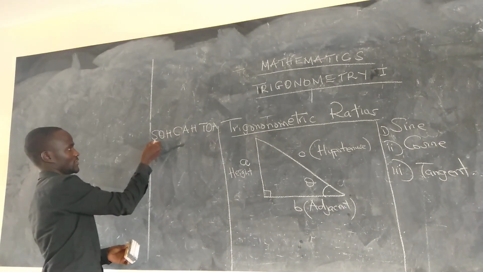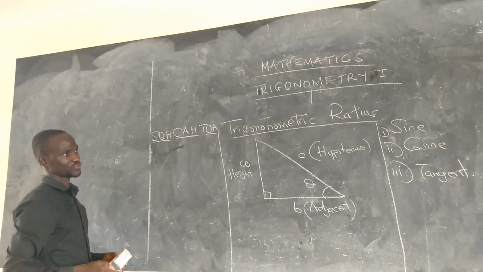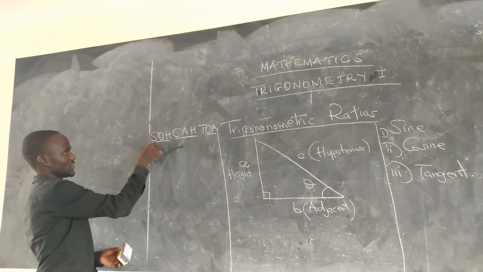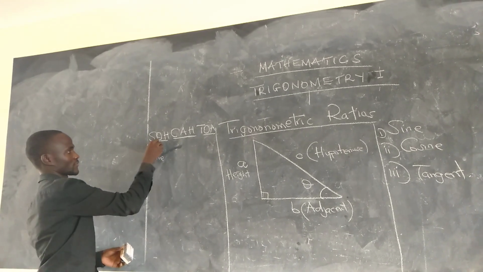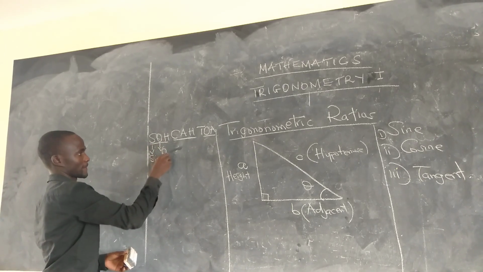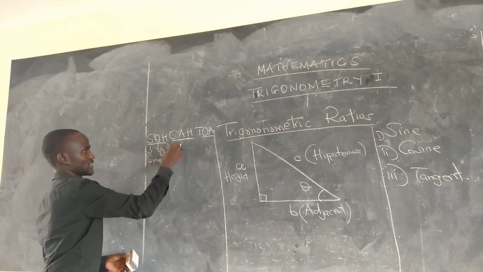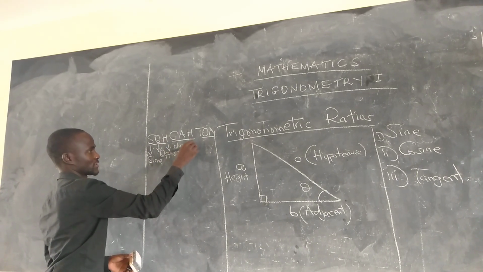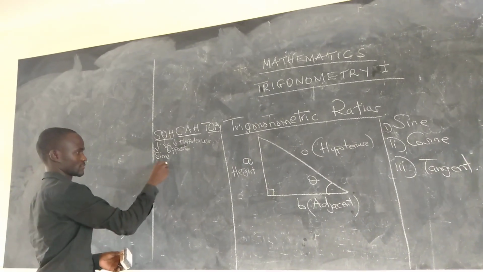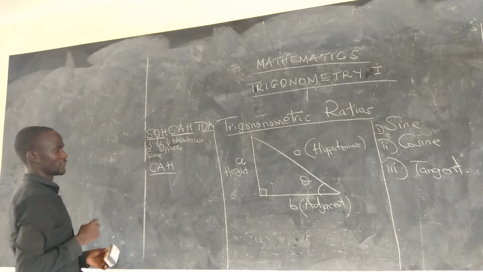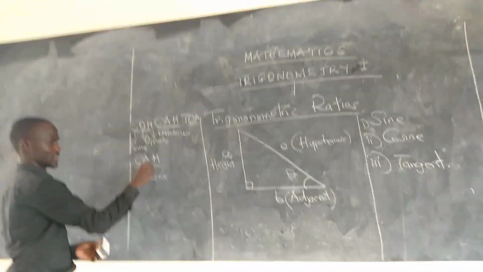SOHCAHTOA. Basically, the three parts relate to the three trigonometric ratios. Then this one is sine, this one is opposite, and then this one is hypotenuse. For the CAH, we have cosine.